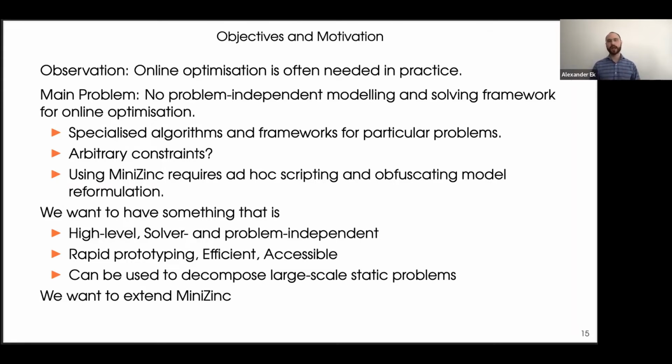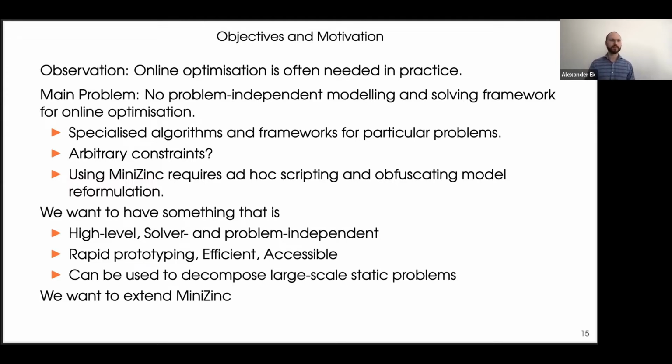There are specialized algorithms and frameworks for particular problems, but what if, as we often like to do in combinatorial optimization, we want to throw in arbitrary constraints here because we think that's better and we want to model the real world in a different way that maybe better reflects it, or we have another situation? Then these specialized algorithms maybe don't even work at all, or are really slow, or whatever, right?